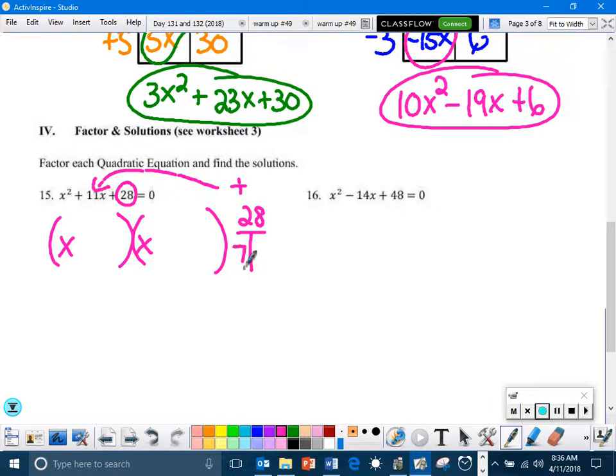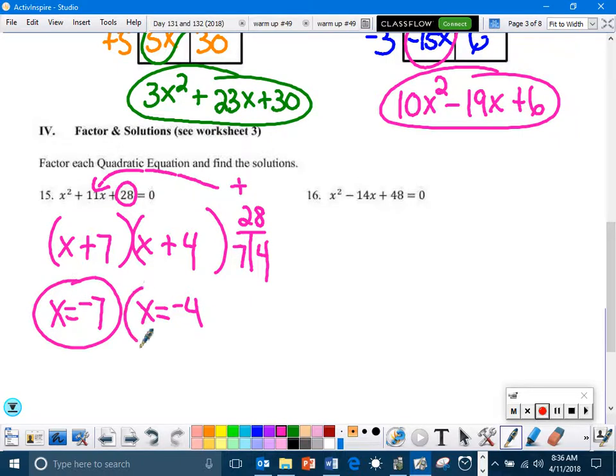That would be 7 and 4. So our factors are... And our solutions, which we already did earlier, our solutions, our x-intercepts, are the opposites. Make sure you have an equal sign between them. Okay, next one.